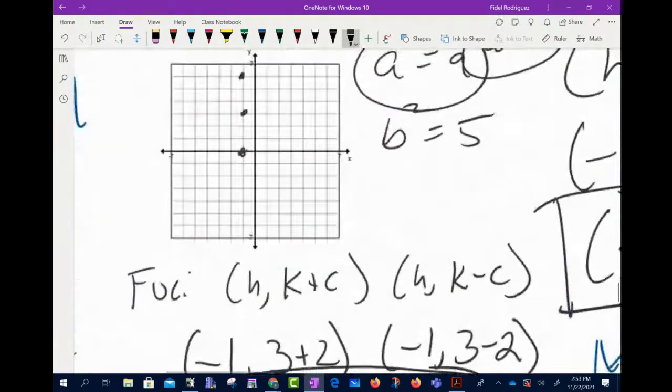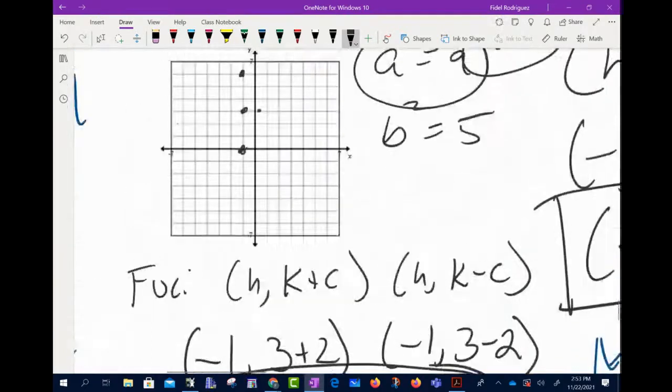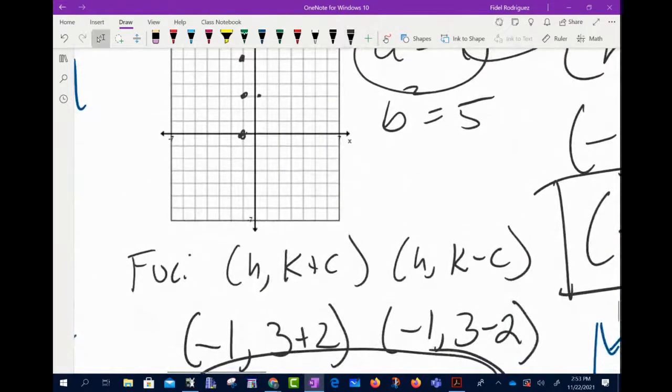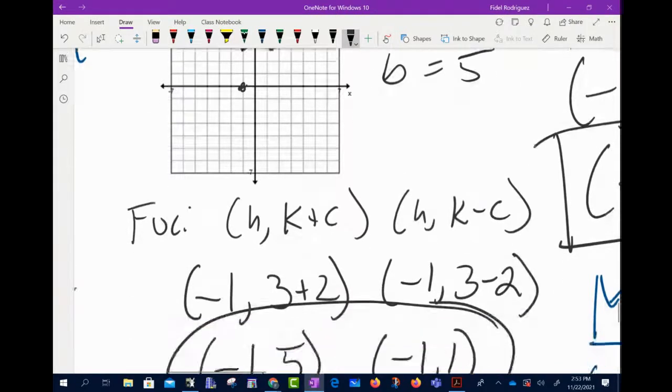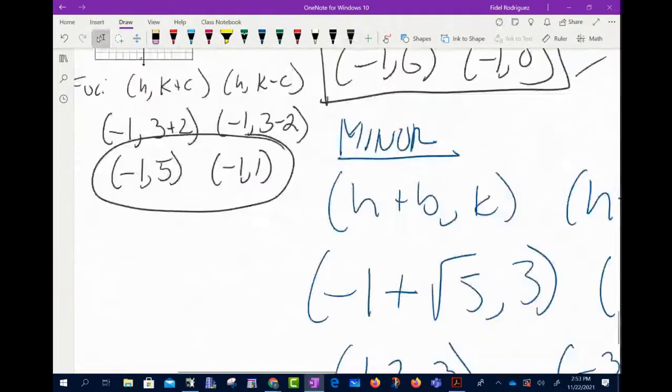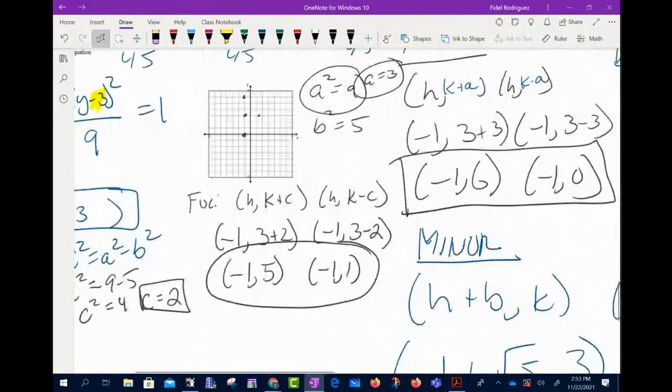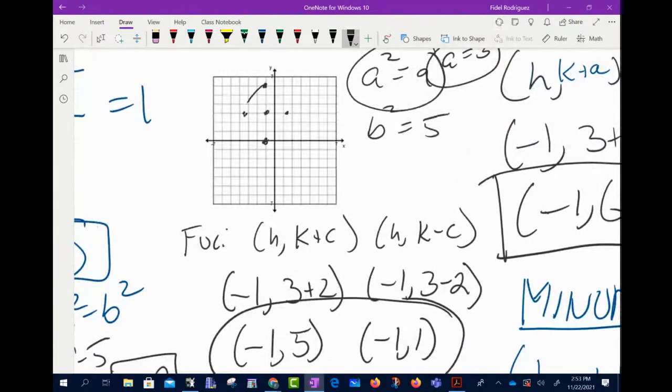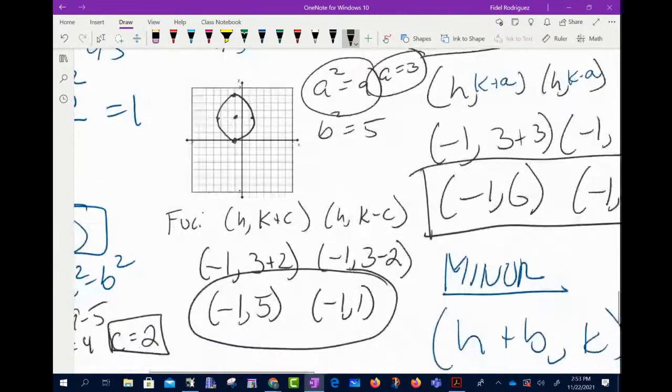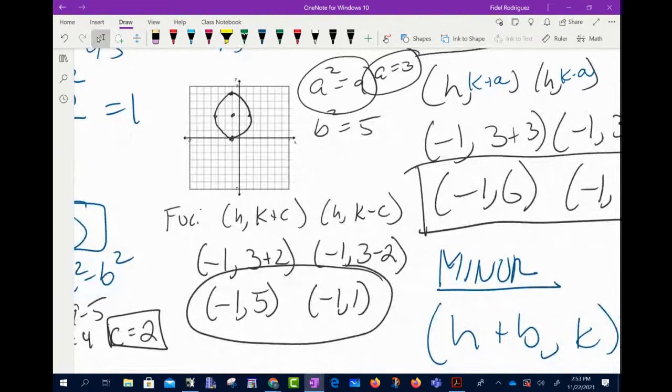And then for my minor, it is 1.2 and 3. So again, I'm going to zoom in a little bit. 1.2 is just barely to the right. Oh, that's not 1.2, that's 2.2. 1.2 would be right about there. And then what was the other one? -3.2. 1, 2, 3, right about there. Boom. And then my foci is (-1, 5) and (-1, 1).